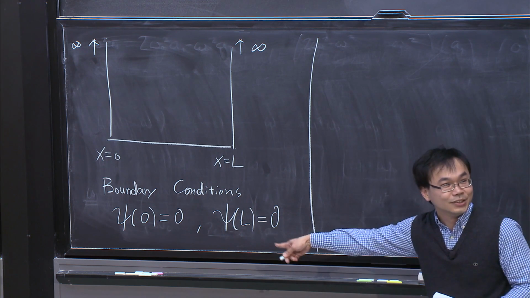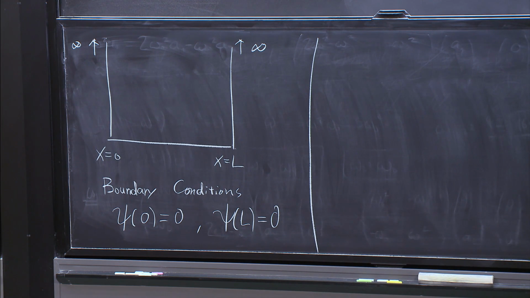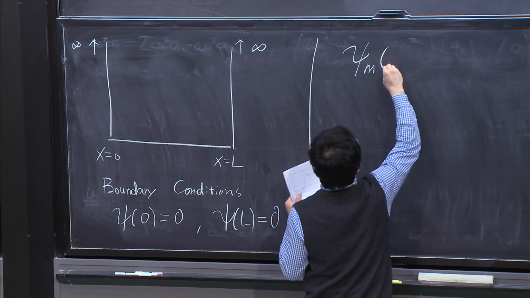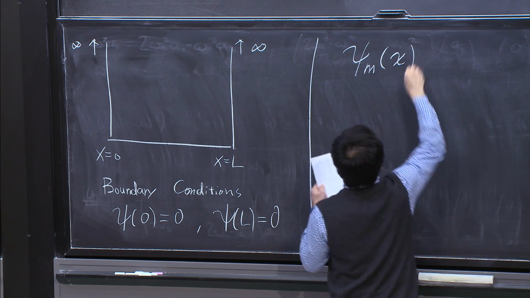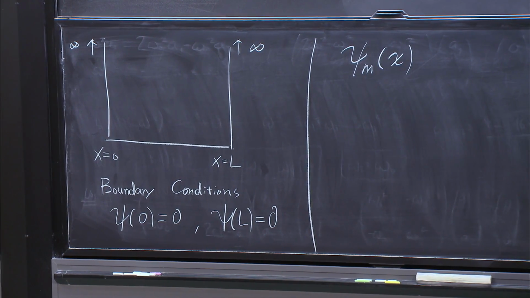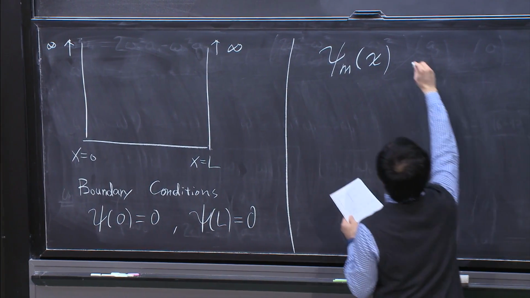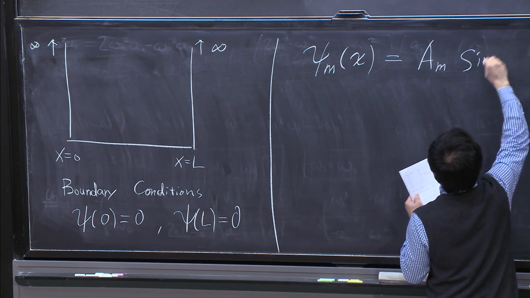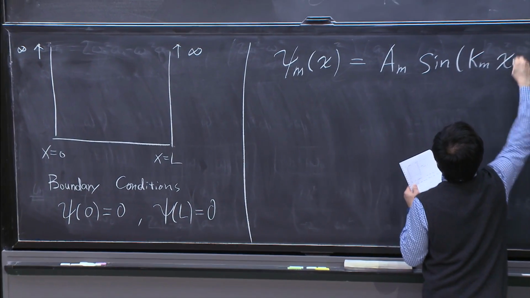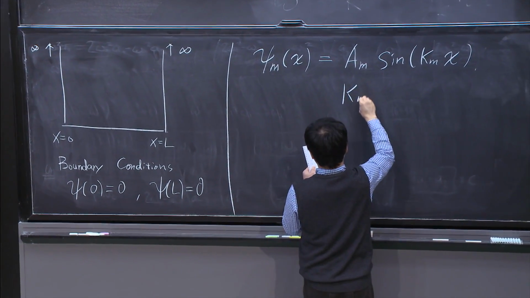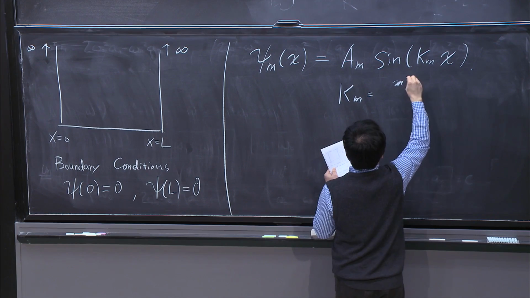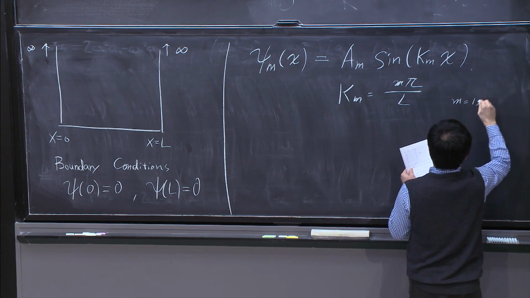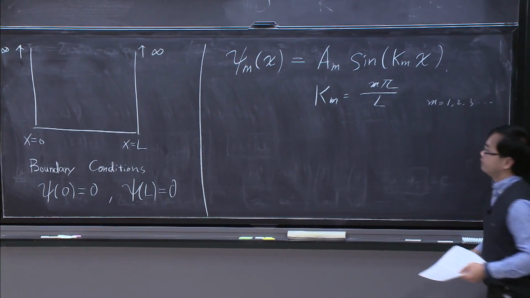Therefore, when you see this, your immediate reaction will be: now I know what this is. This is psi_n. The solution to this problem must be something like psi_n(x), the normal mode of this system, and it's going to be A sin(k_n x), where k_n is equal to n pi divided by L, where n can be 1, 2, 3, goes to infinity, right?